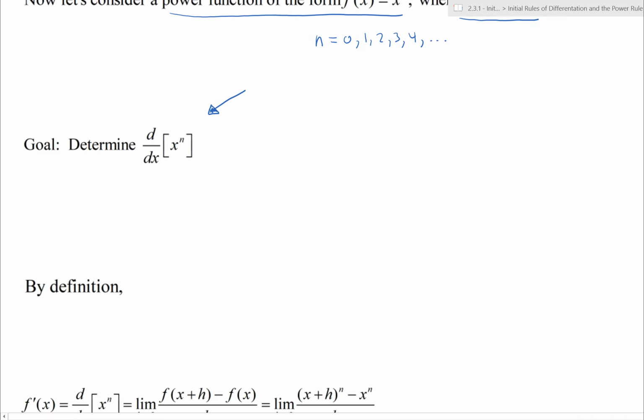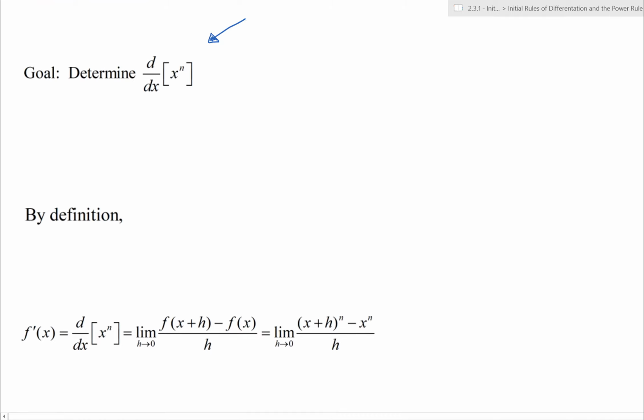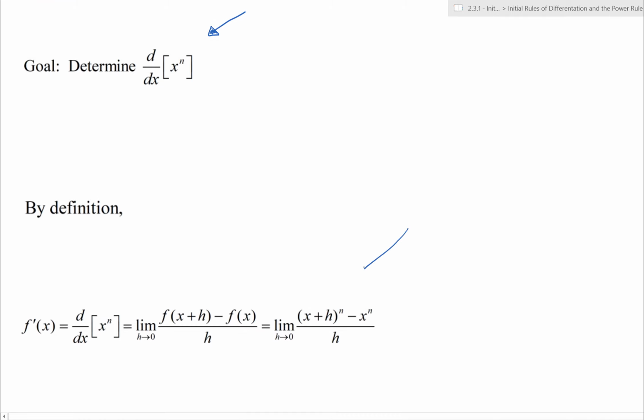Now, we can use the definition of the derivative function to come up with this statement right down here. So f prime of x, which of course is the same as the derivative of x to the n with respect to x here. By definition, limit as h goes to 0 of f of x plus h minus f of x divided by h.